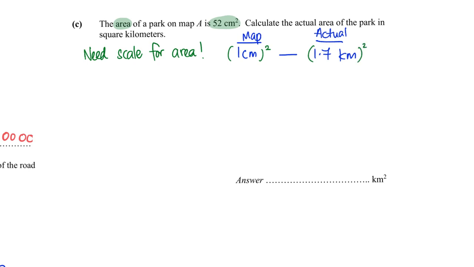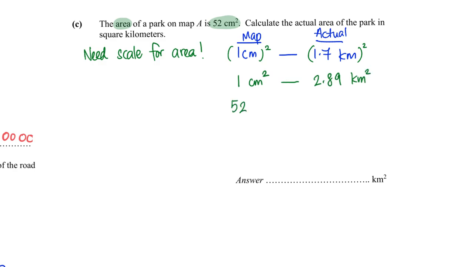So 1 times 1 will give me 1, so 1 cm times 1 cm is 1 cm square. 1.7 squared will give me 2.89 kilometers square.